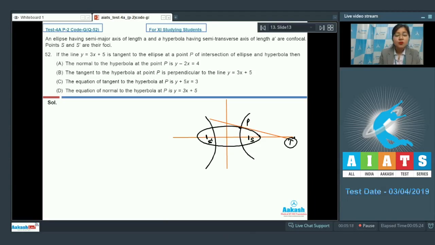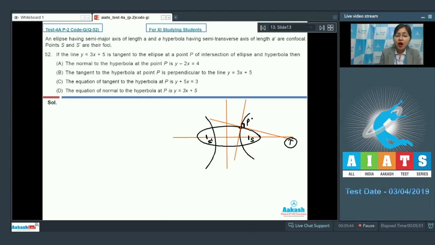Now as both of them are confocal, it means that both the curves will intersect orthogonally, which means that at point P, if I draw the tangent on both the curves, then they will be perpendicular. Let us say this is the tangent on the hyperbola, so I can say that both of these will be making an angle of 90 degrees with each other.